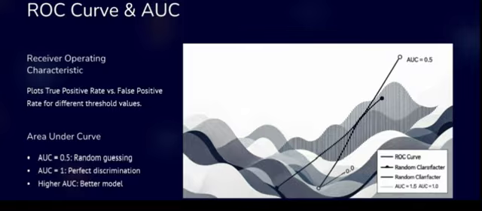ROC stands for receiver operating characteristic curve and AUC stands for area under the curve. The AUC has values from 0 to 1. If the value is nearer to 0.5, the model has no discrimination. If the AUC value is up to 1, the model has perfect discrimination ability.